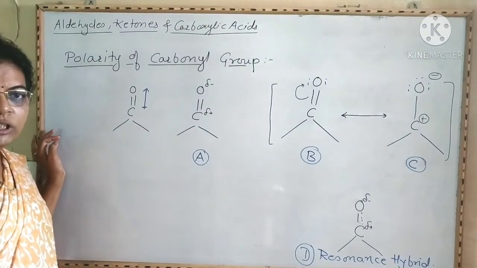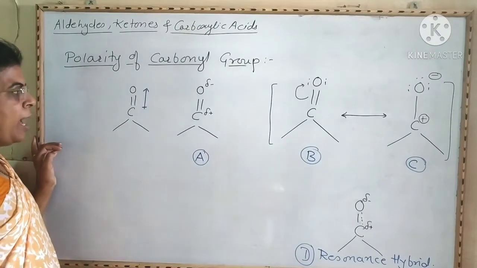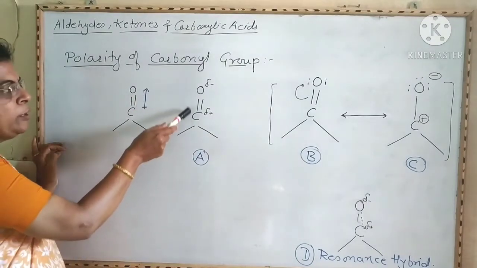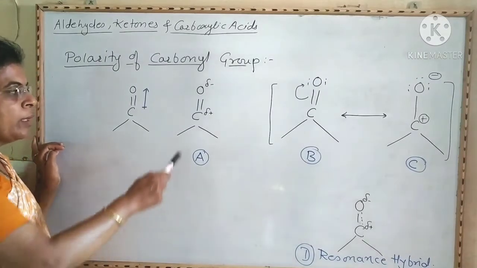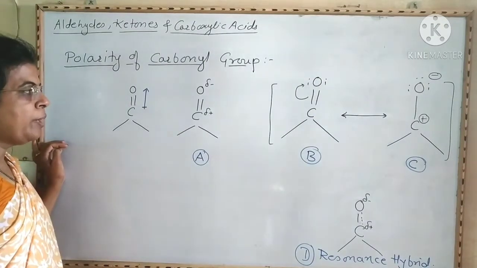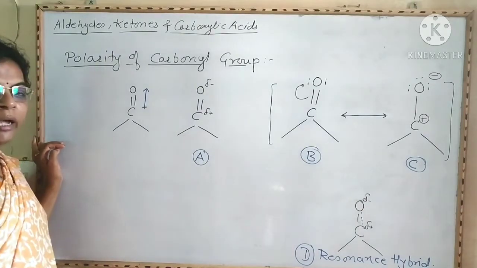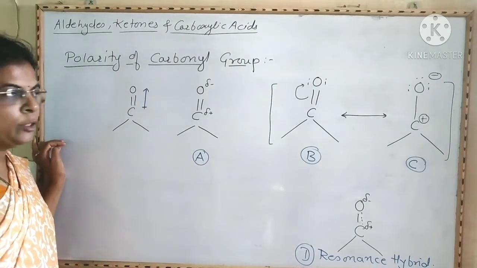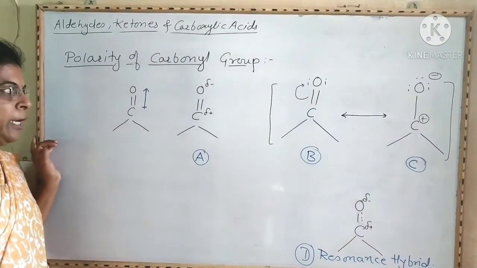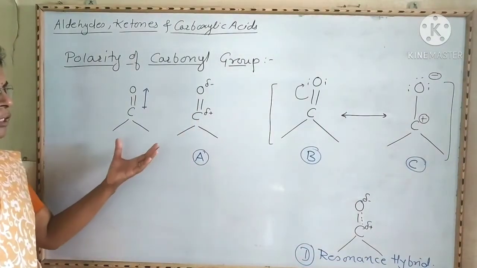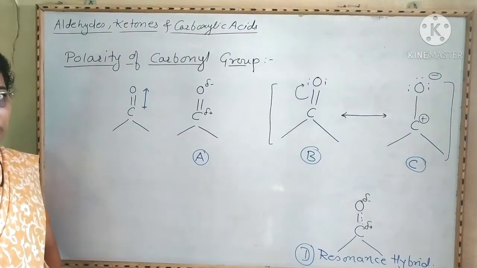That is, this oxygen withdraws electrons from the carbonyl carbon atom, and thus polarization of the carbonyl group occurs, in which the carbonyl carbon becomes electropositive, acquiring a slight positive charge, and the carbonyl oxygen acquires a slight negative charge. This is due to the inductive effect and also the resonance effect.